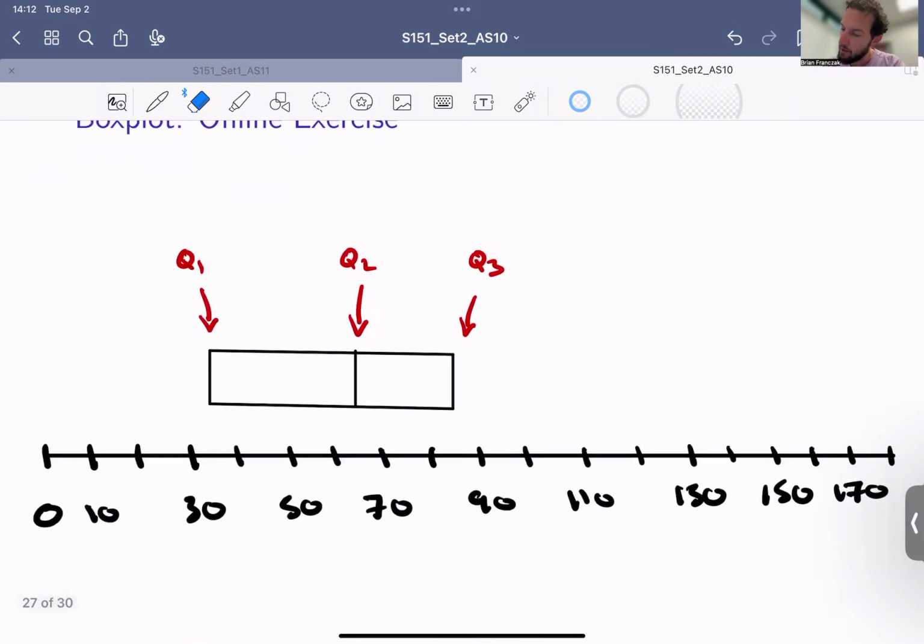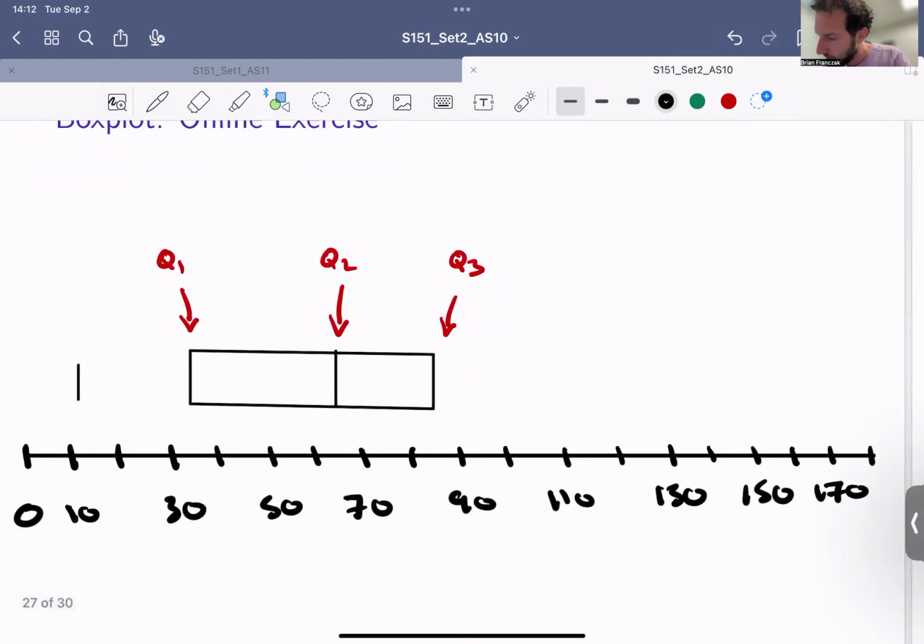So the minimum value that we mark down on the tail is just the minimum that we computed in the 5-number summary. This is our min because there's no outlier in the lower half of the data. So this value here is the minimum.